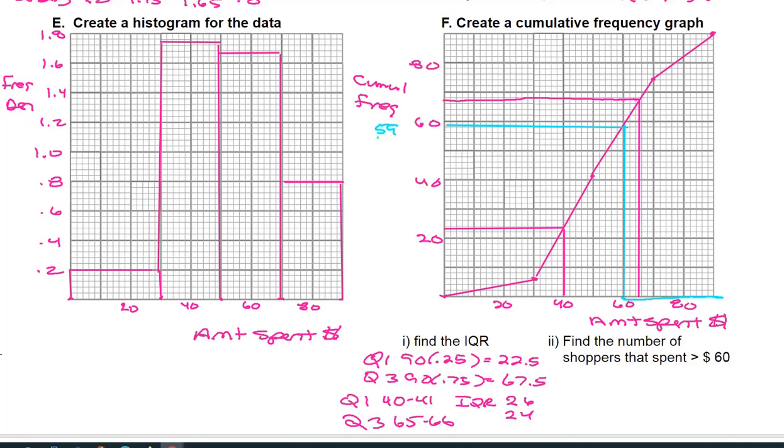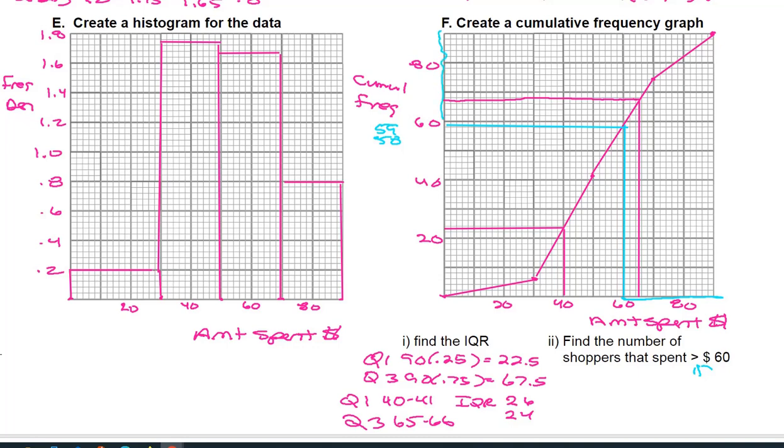59, 58. Okay? Now, what's going to happen now is that you've got to tell which ones are more than that. Okay? Now, I can tell you that 59 or 58 people spend less than that. The people that spent more than that are up here.